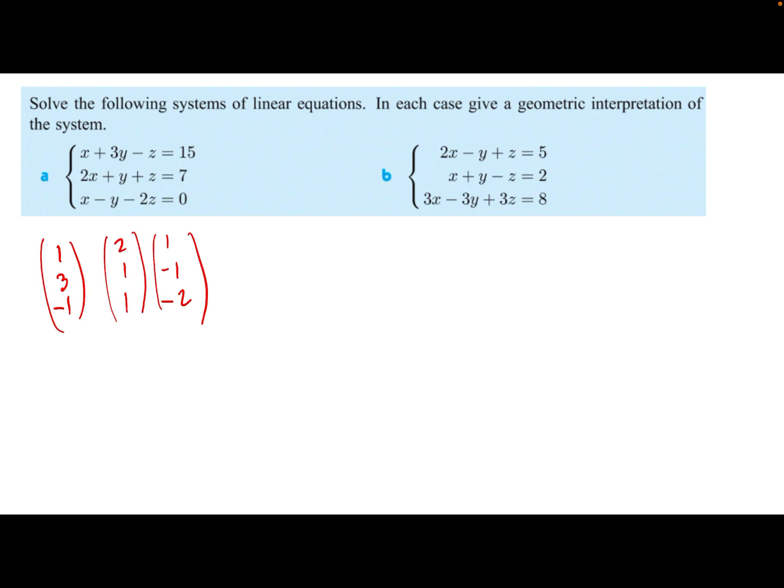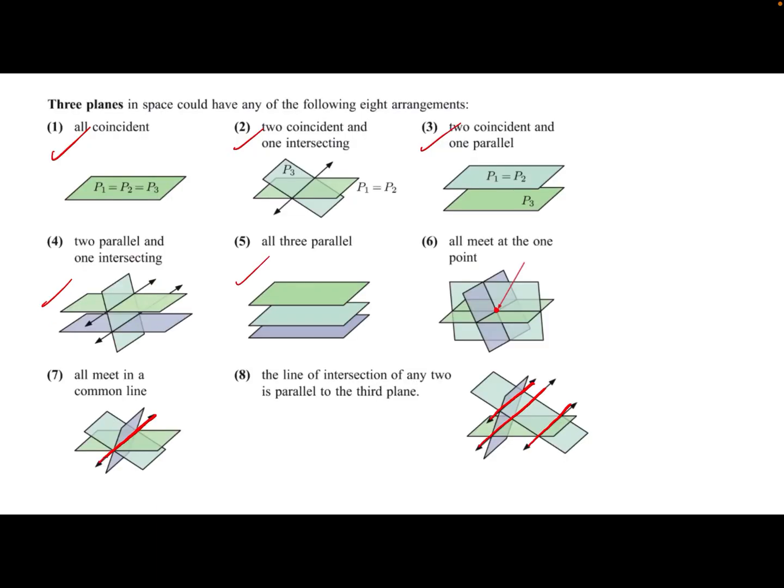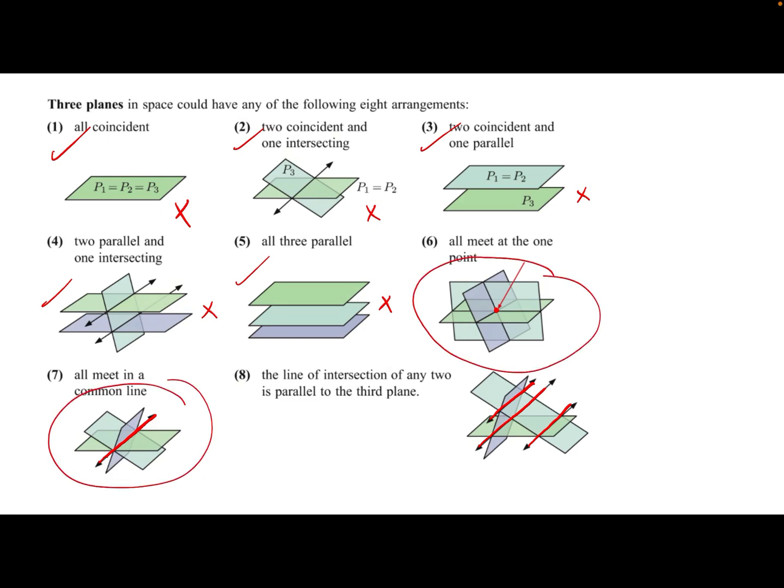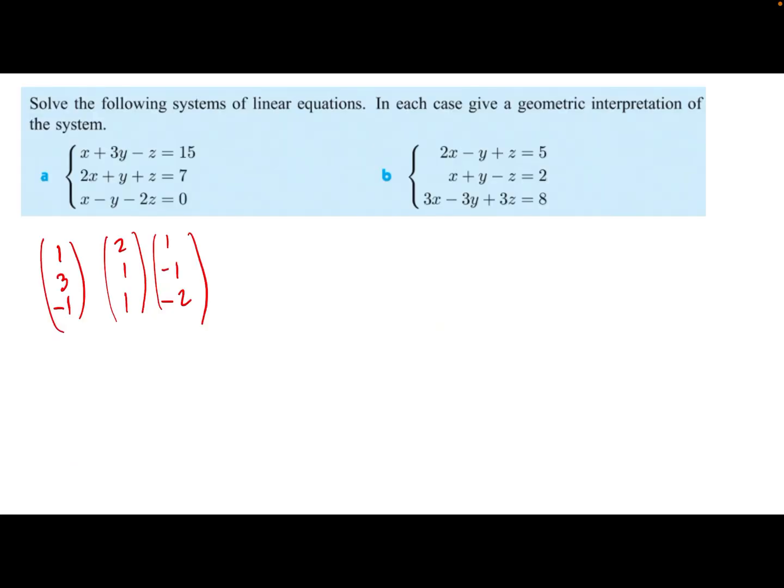So none of those planes are parallel to each other. So that rules out this one. It actually rules out this one. It rules out this one. It rules out this one. It rules out this one. So really, it's got to be, I think, this, or this.